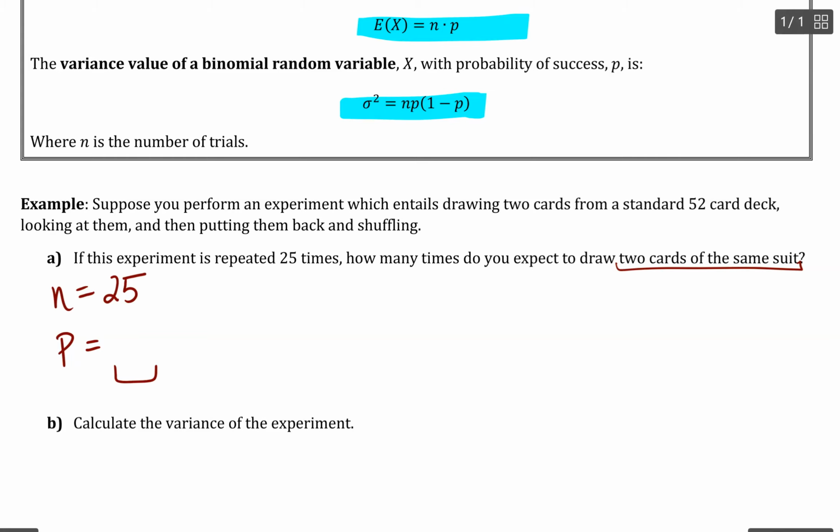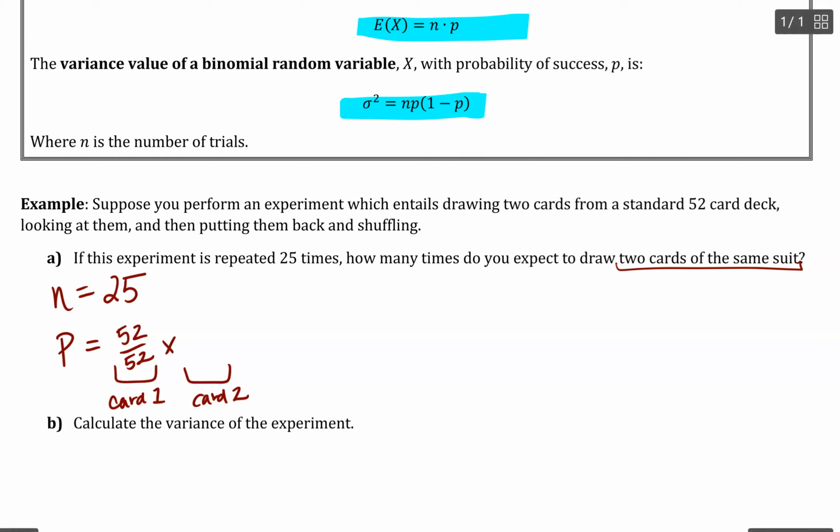So we have card 1 and card 2. Now card 1, we have no specification on. We could draw any of the 52 cards out of the 52 cards, which you may be thinking, that's just the number 1, and that's correct. So that doesn't actually help us define our probability, because that first card helps us determine that second card probability.